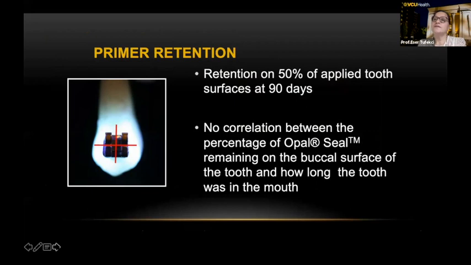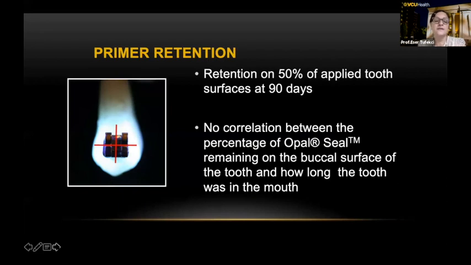We also looked at the primary retention, something that is claimed by the companies, that this product is better than the first generation sealants. At 90 days, the values that we saw were around 50%, and we couldn't find any correlation between the percentage of the experimental product remaining on the buccal surface of the tooth and how long the tooth was in the mouth.